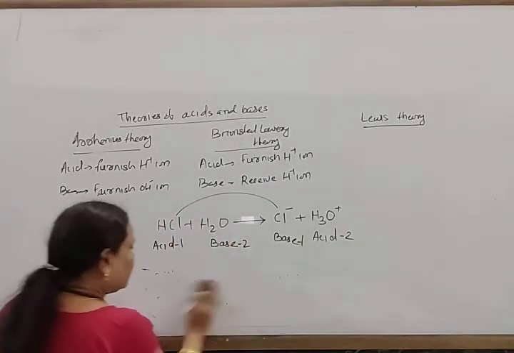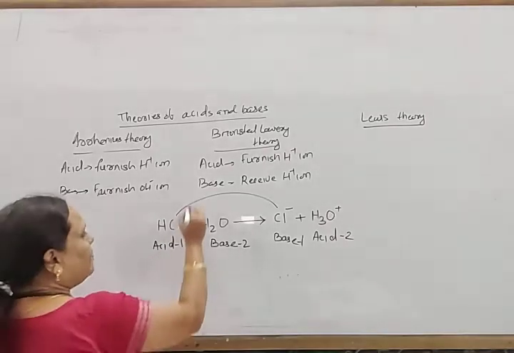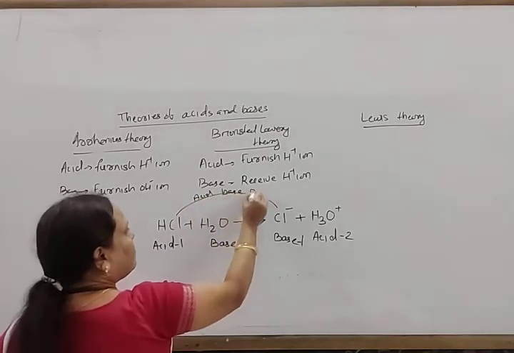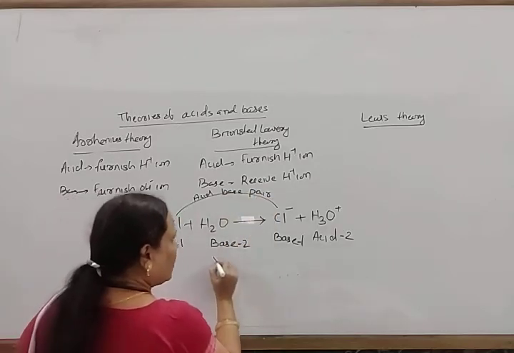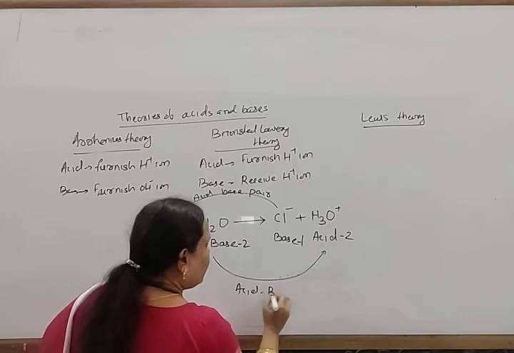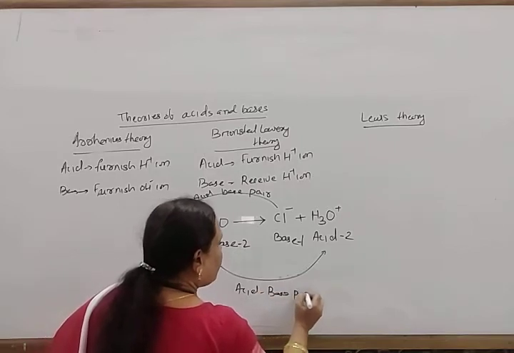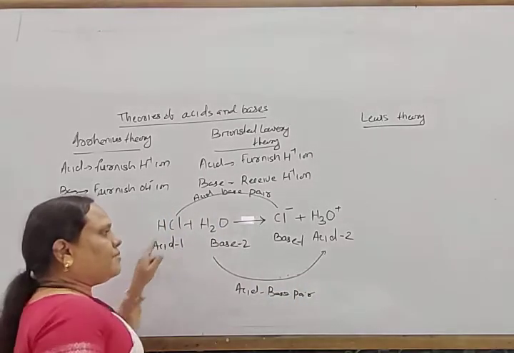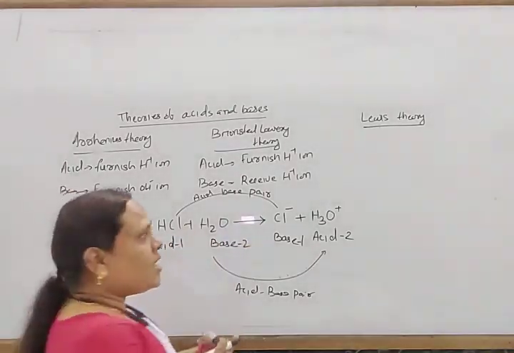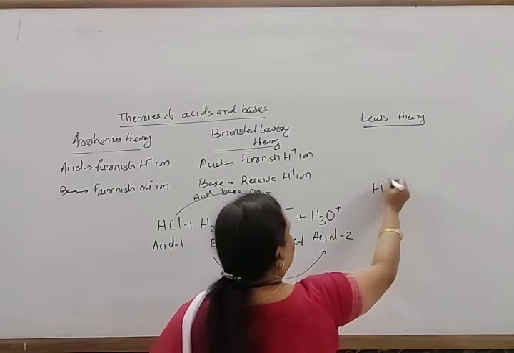Look here. This is one acid-base pair. And here water and H3O plus, this is another acid-base pair. So these acid and base pairs are differentiated by what? Here HCl and Cl minus are differentiated by 1 H plus ion.